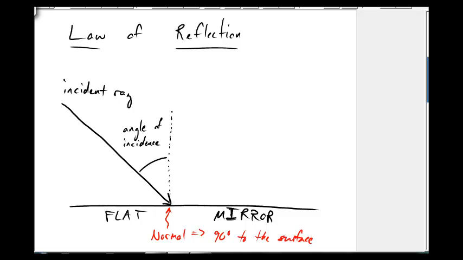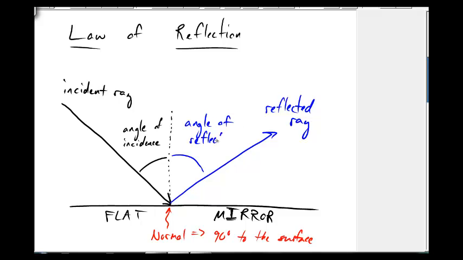So it's going to do something like this. It's like it's bouncing off. This is what we call our reflected ray. This must be, and that's not quite right, so use your imagination and pretend they're the same, the angle of reflection coming out.